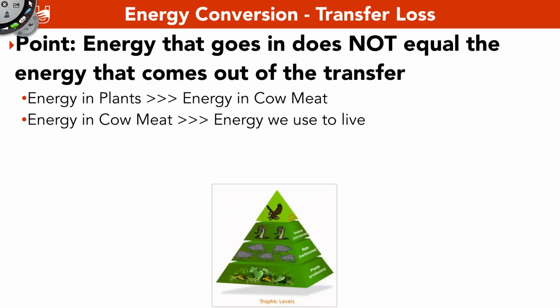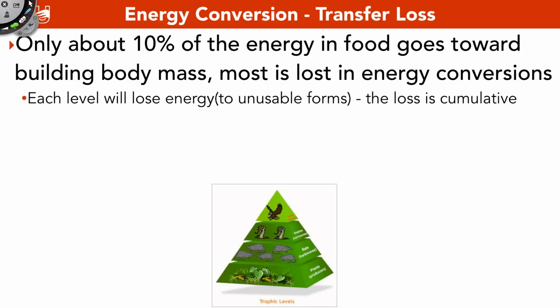Okay. Point is, the energy that goes in does not equal the energy that comes out. Now, different numbers on this, and this is just a rule of thumb. It varies, but about 10% of the energy in food is transferred to the next level.